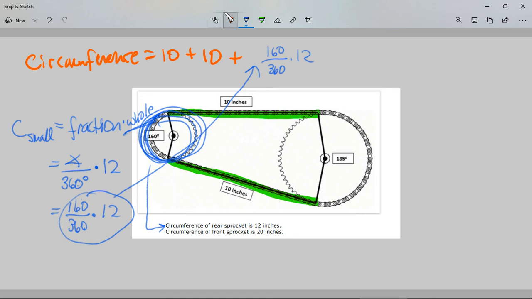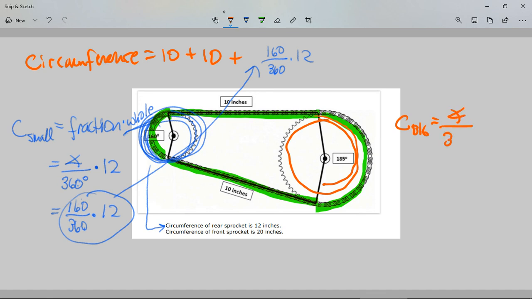And then we're going to do the same thing over here. So look, what we just found is this piece right here. Now we're going to find this piece right here. The way you do it is a piece out of the whole. Okay, so let's do the circumference of the big one is equal to the piece of the angle divided by the whole time around a circle times the circumference of the big one, which equals, they tell you here, 20.